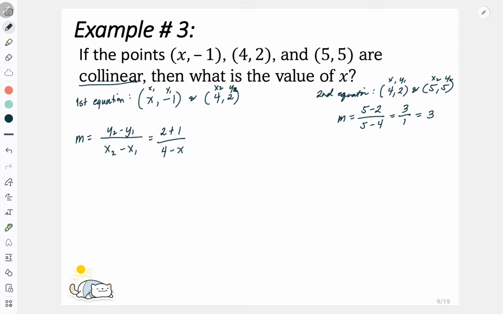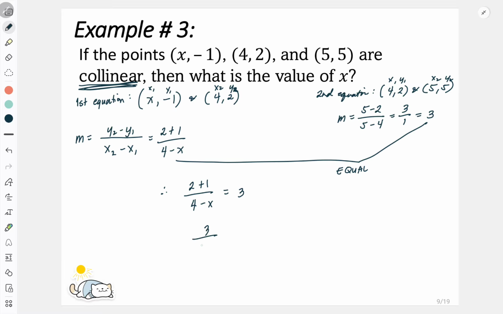Take note, it is said here that they are collinear, so this and this must be equal. To get the value of x, I will just equate the two values. So 2 plus 1 over 4 minus x equals 3, or 3 over 4 minus x is equal to 3.